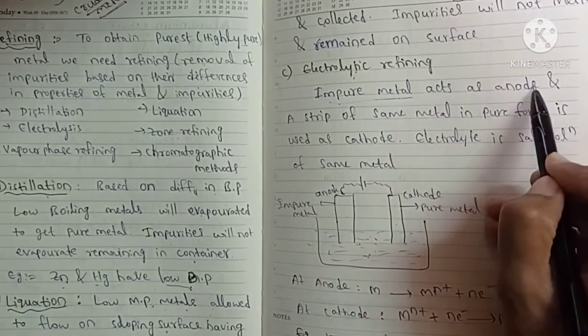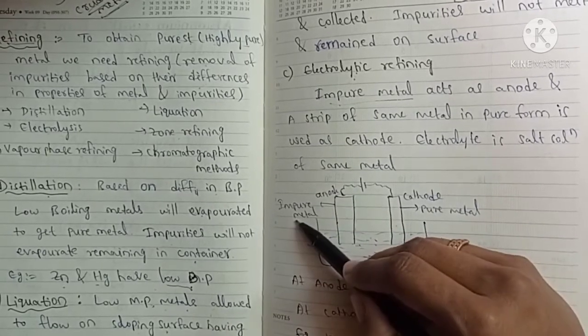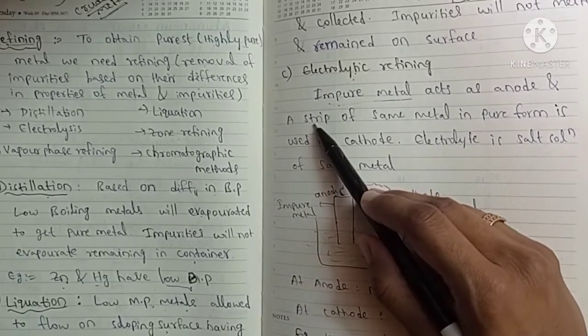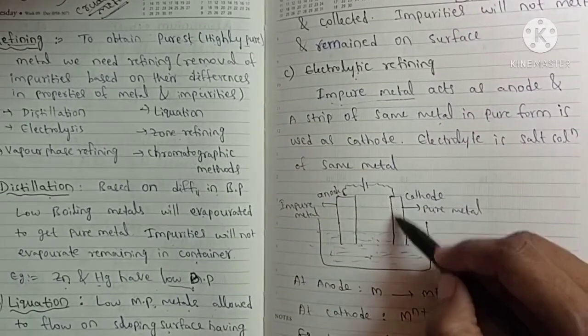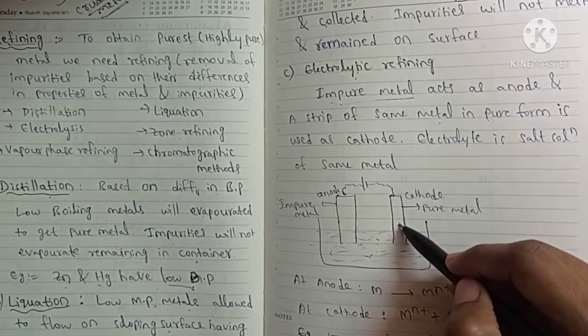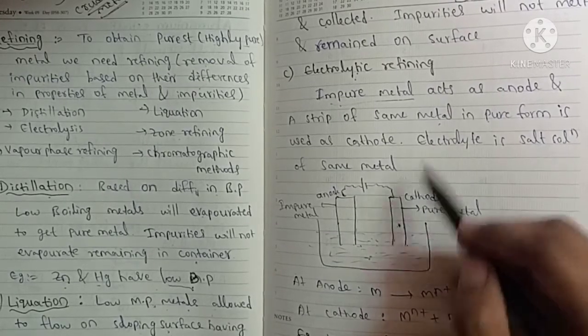Impure metal acts as anode, which is nothing but impure metal with impurities. And a strip of the same metal in pure form is used as cathode.